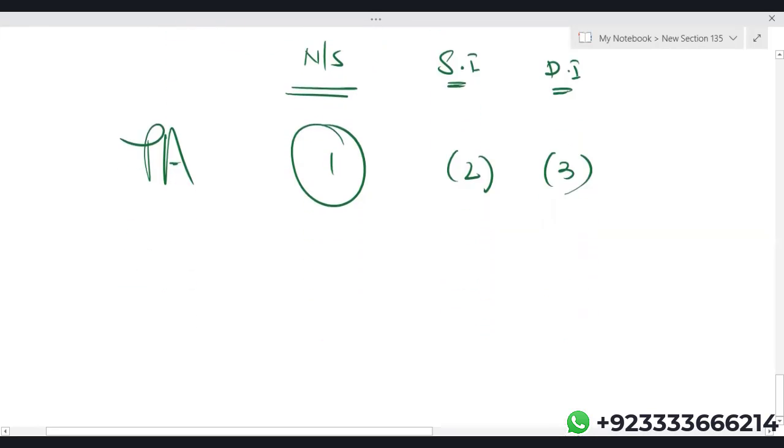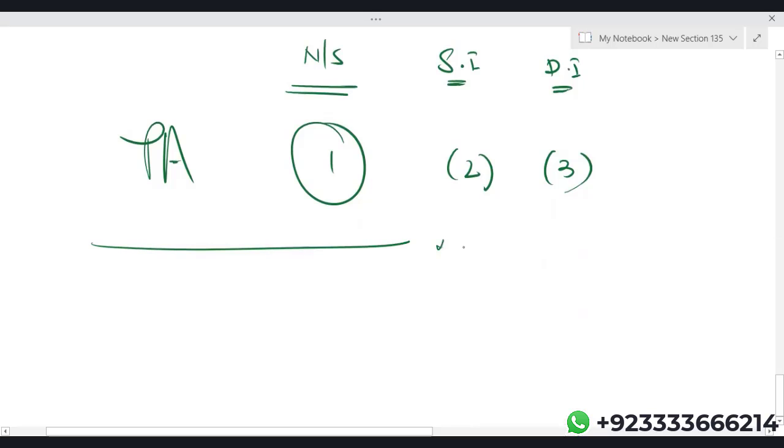So it means there is one more possibility of personal allowance allocation. That is 1, 2, and obviously 3.